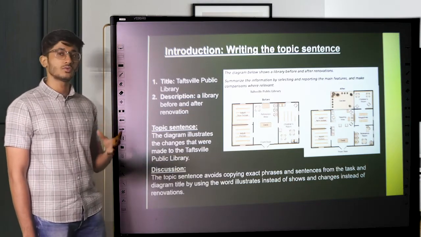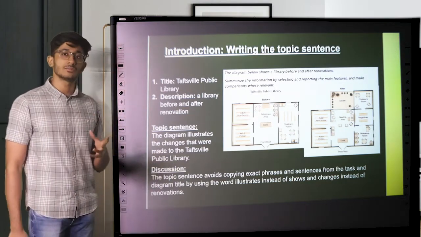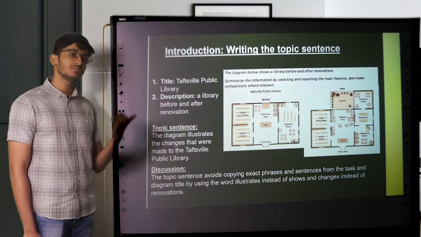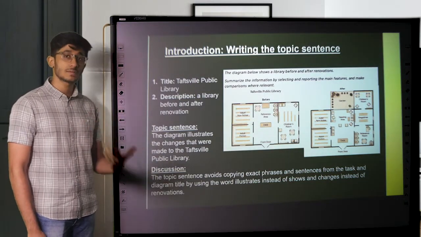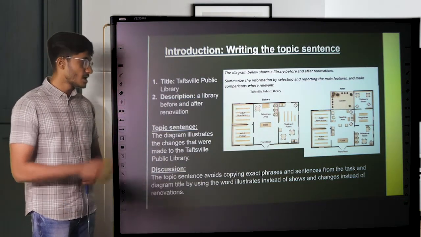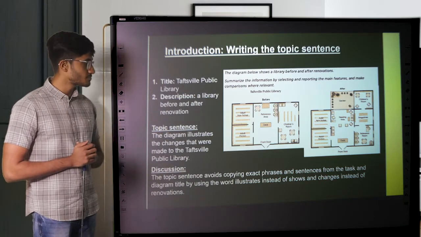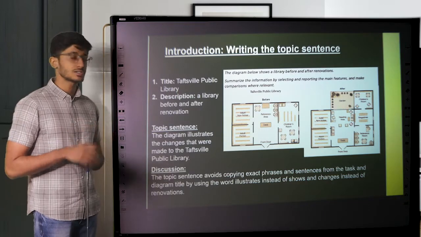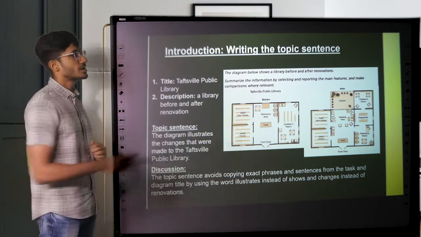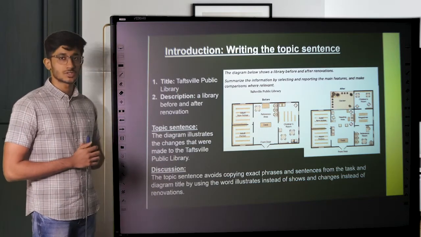So here we know that this process diagram is about changes, and the previous one was about steps of a particular process. Also, in this particular topic sentence, if you notice properly, you will see that we did not use any words or phrases directly from the instruction.